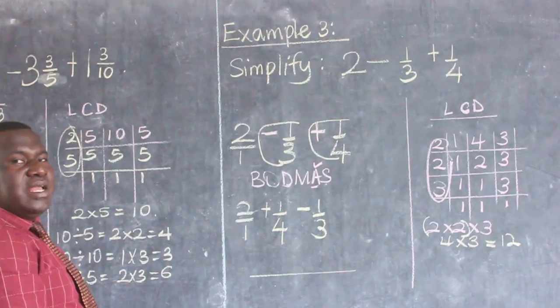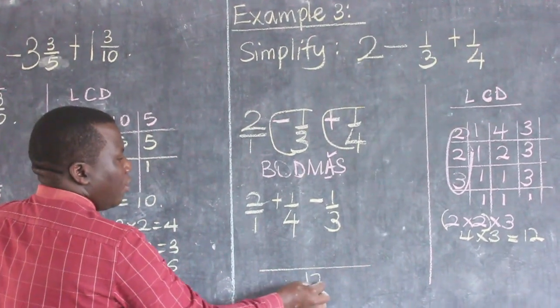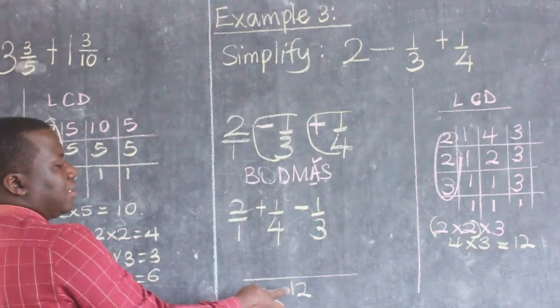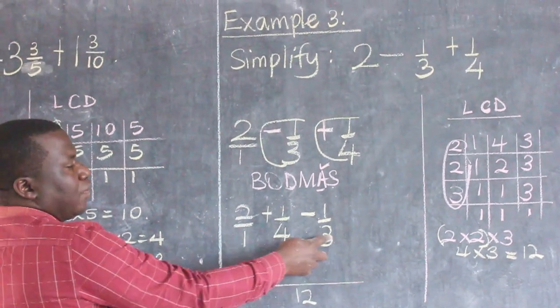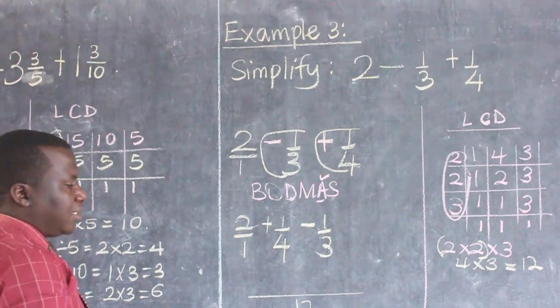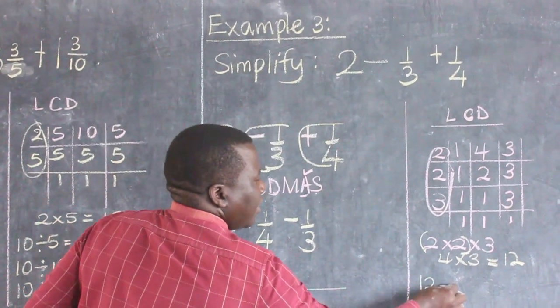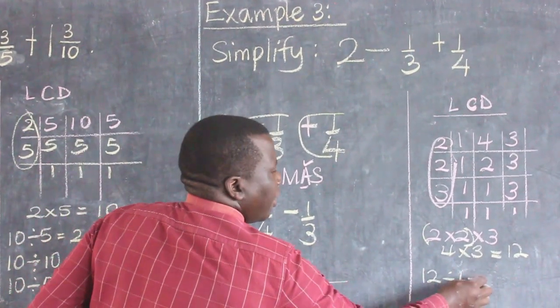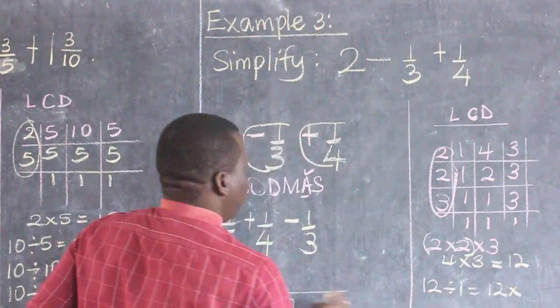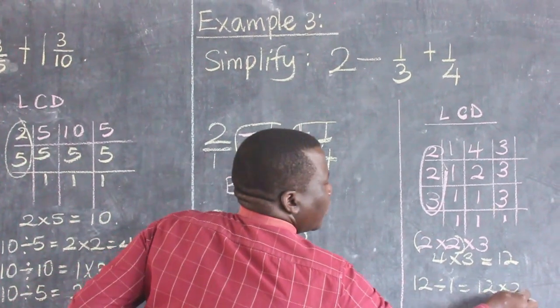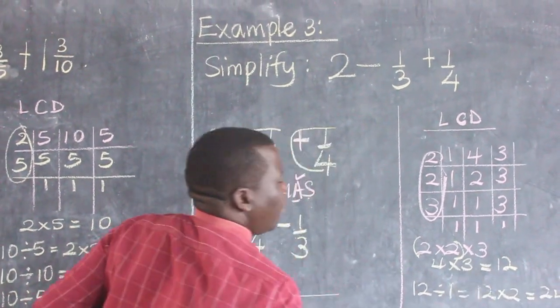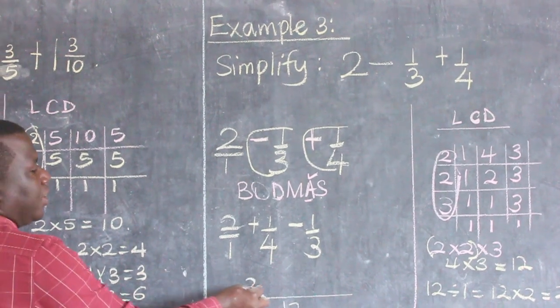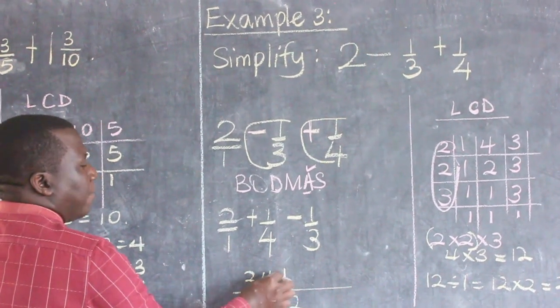Draw your quotient line, a division line, put there 12. Keep dividing this 12 by each of these denominators. So 12 divided by this first denominator 1, you get 12. Times the numerator 2, you get 24. Come and write your 24 here. Add.